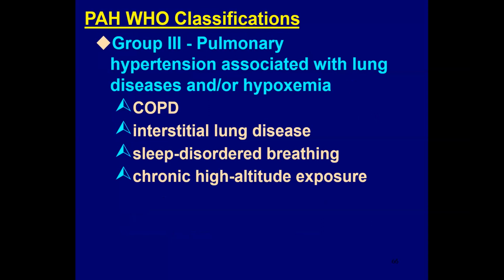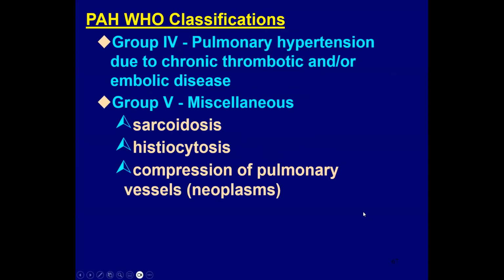These include COPD, interstitial lung disease, sleep disordered breathing, and chronic high altitude exposure. Group four, pulmonary hypertension due to chronic thrombotic and or embolic disease. And group five is a miscellaneous category. This includes patients with sarcoidosis, histiocytosis, and also compression of the pulmonary vessels by neoplasms.